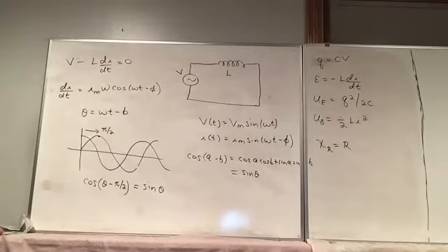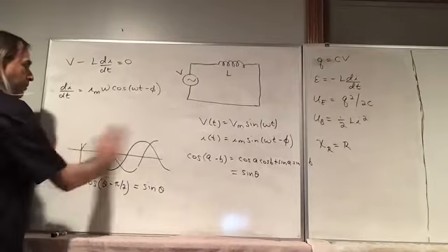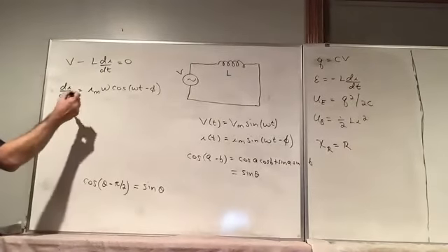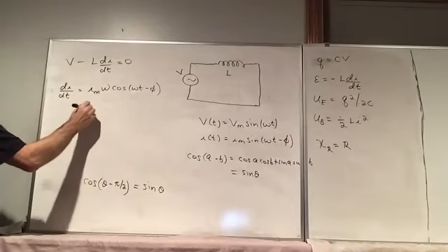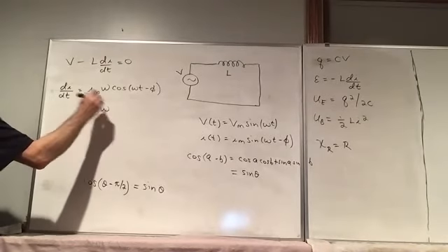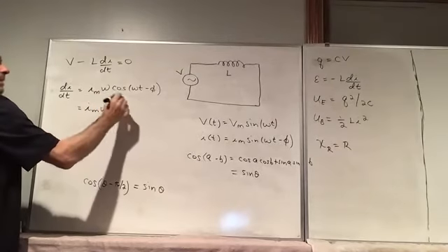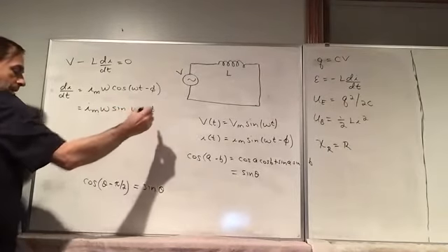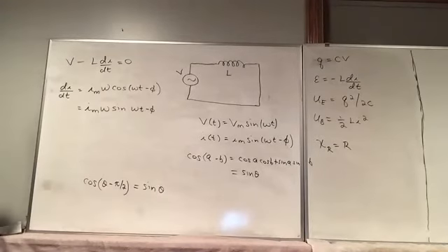Okay, so let's now rewrite this. I'll erase the picture just to make room. So we have Im omega, and then we can replace this with sine omega t minus phi. We want to convert it to sine.